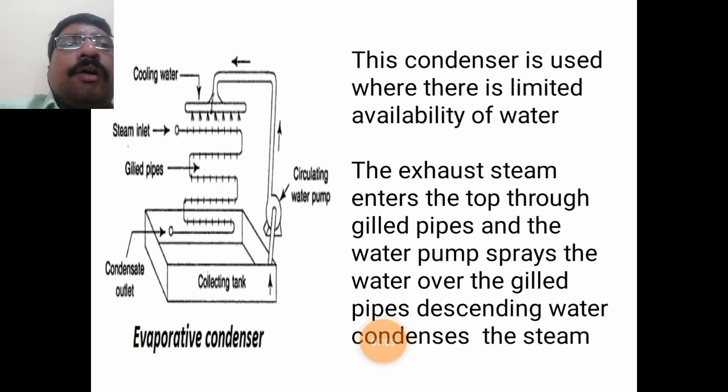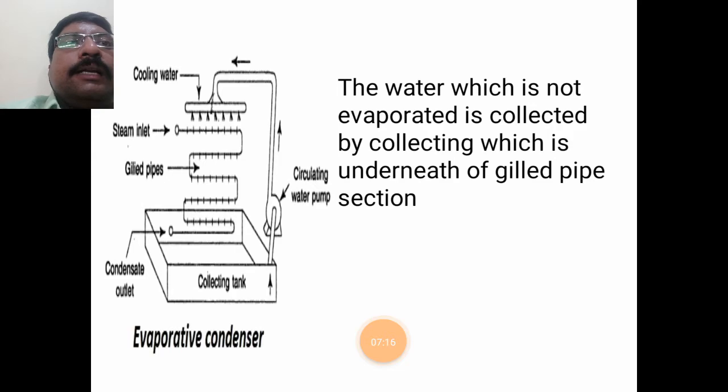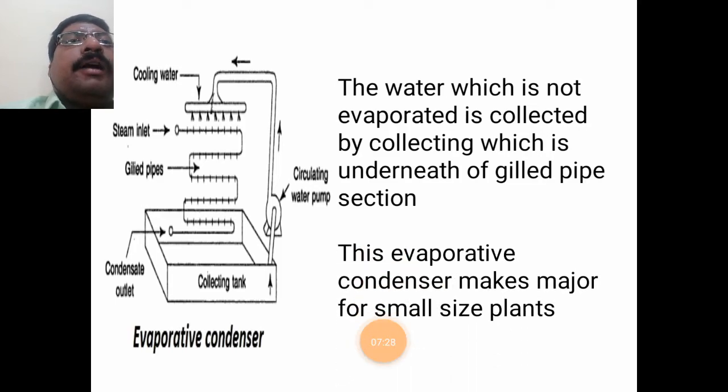The water sprayed over the pipe is collected in a collecting tank arranged underneath, which holds the water that is not evaporated. This evaporative condenser is mostly used for small size plants.